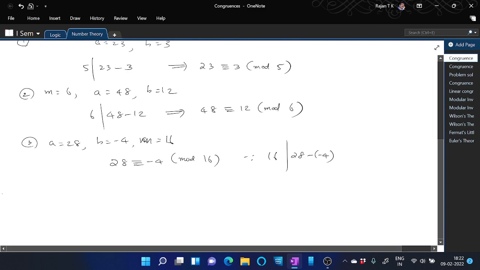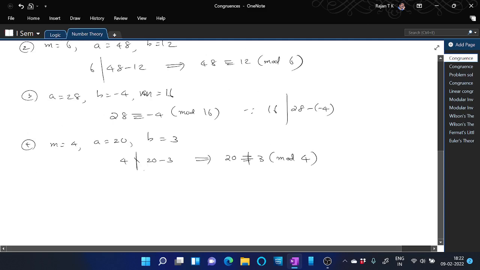Whereas if you take m equal to 4, a equal to 20 and b equal to 3, then you can see that 4 does not divide 20 minus 3, because 20 minus 3 is 17, and therefore we can say 20 is not congruent to 3 mod 4.